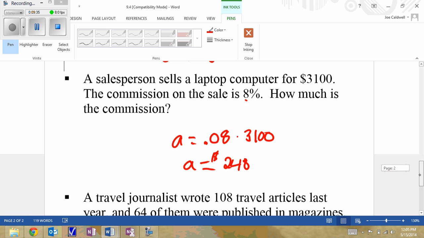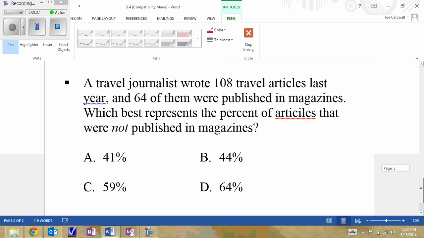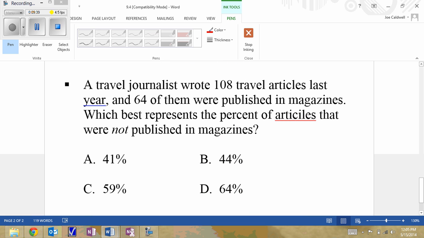All right, last example here, and actually get a nice little multiple choice here. A travel journalist wrote 108 travel articles last year, and 64 of them were published in magazines. Which best represents the percent of articles, oops, typo there, that were not published in magazines? So what we need to do is first find the percentage of ones that were.